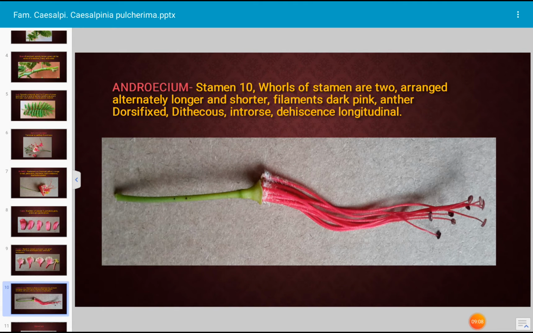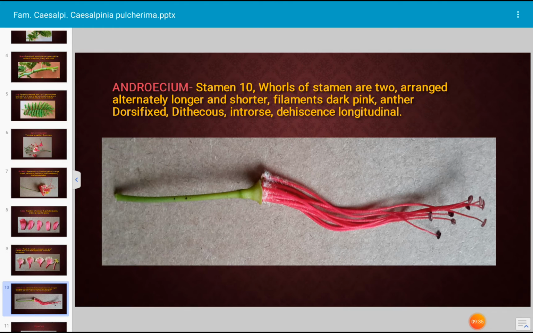Anther is a lobe in which the pollen grains are produced, and the anther is dorsifixed. That means the dorsal side of the anther is attached to the filament. And the anther is dithecous. Di means two-celled. And it is introrse. What is the meaning of introrse?